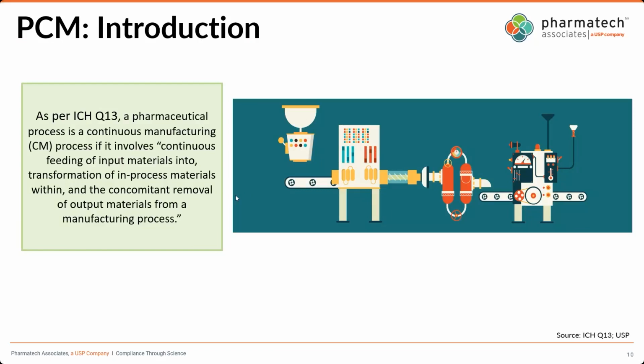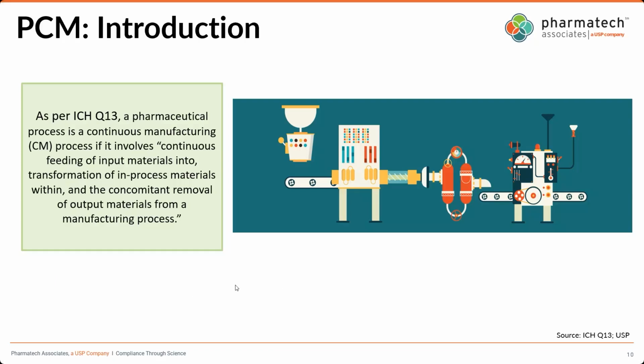So everybody knows that the definition of pharmaceutical continuous manufacturing is given in the ICH Q13 document, which says that a process is a continuous manufacturing process if it involves continuous feeding of input materials and then subsequent removal of the product or the intermediates.